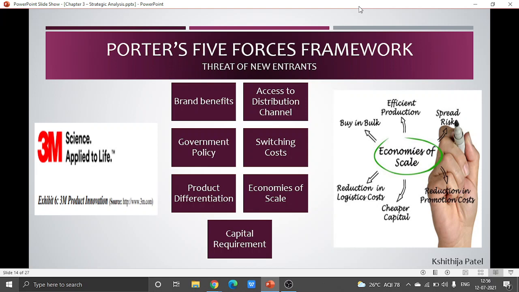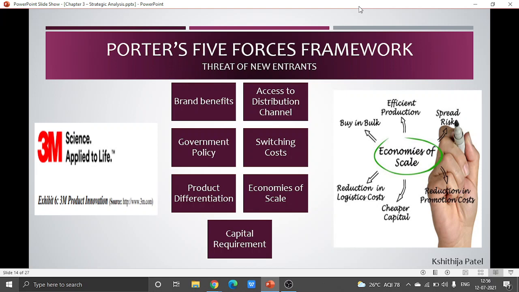Then we have the third one, that is government policy.